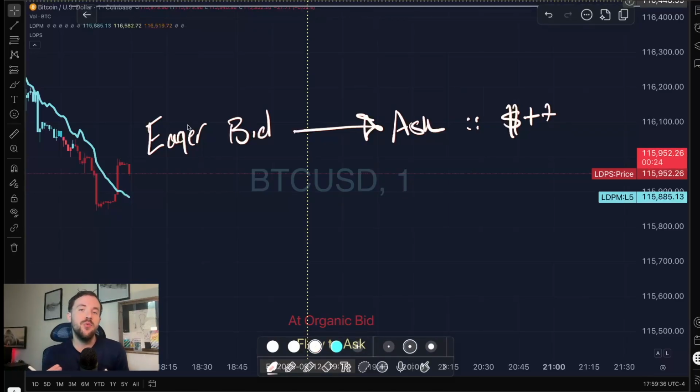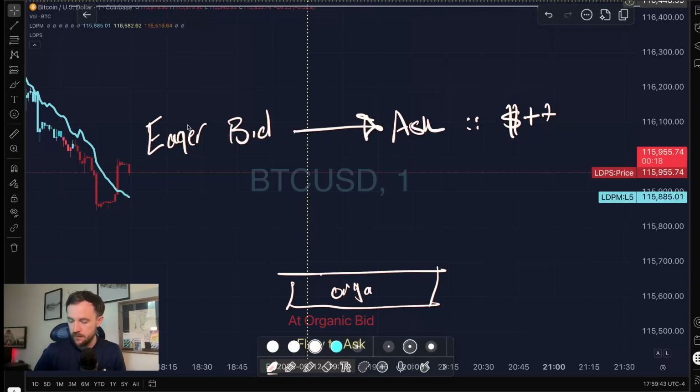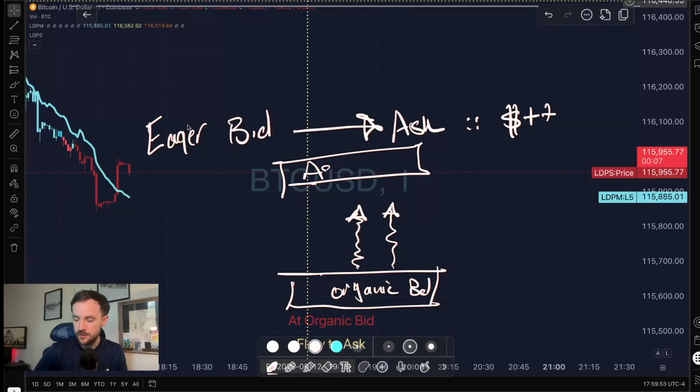And what LDPS is detecting is that you have this organic layer, in this case bid, but now you're starting to get stragglers. You're just starting to get these opportunistic parties that are moving up to the ask. And the organic bid will just hang out below where they've been hanging out.